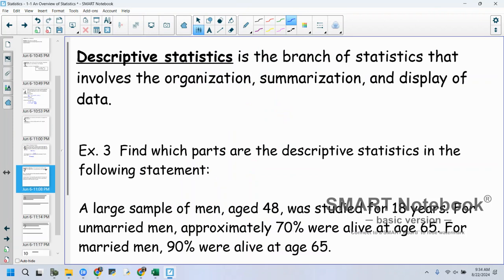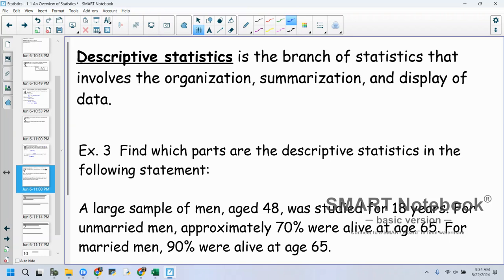Descriptive statistics. Descriptive statistics is the branch of statistics that involves organization, summarization, and display of the data. This is your unbiased, no feelings, strictly math-brain presentation of the data.